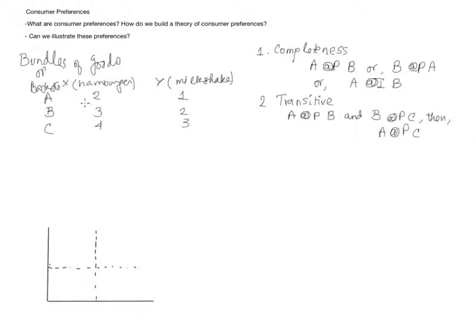So let me give you another example. If the consumer prefers hamburgers to hot dogs and the same consumer prefers hot dogs to pizzas, then it must be true that the consumer prefers hamburgers to pizzas.